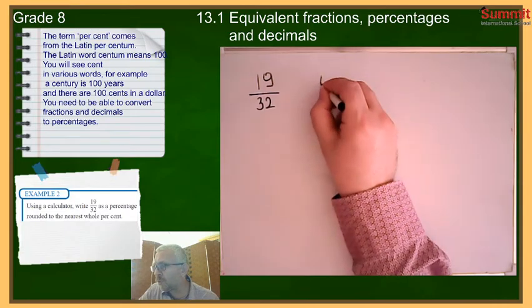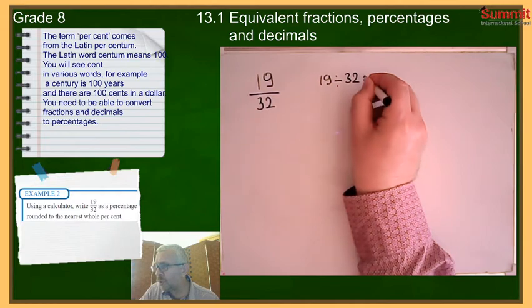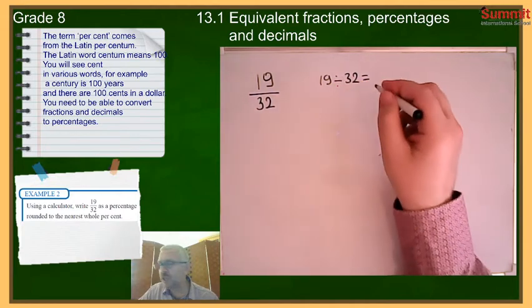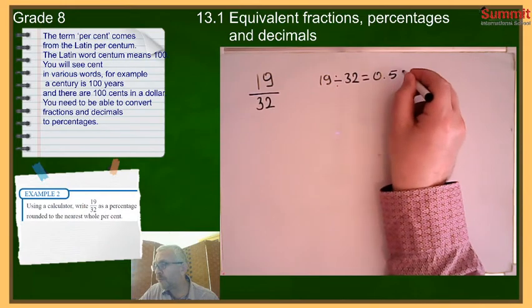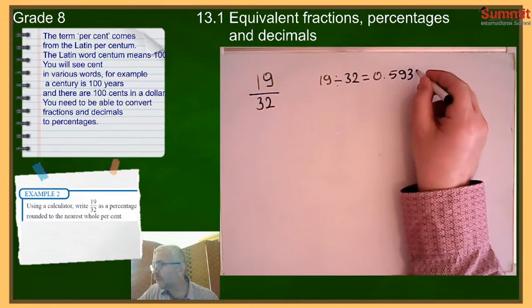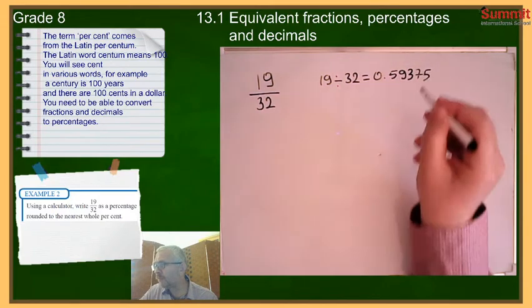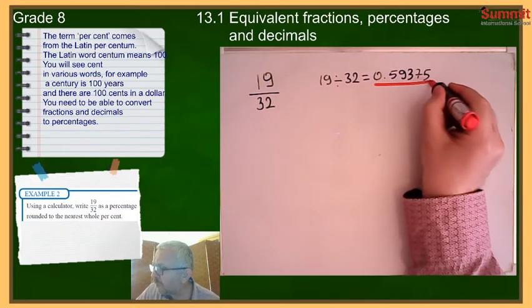The result of 19 divided by 32 on our calculator is 0.59375. This is the result after division. Now what do we need to do?